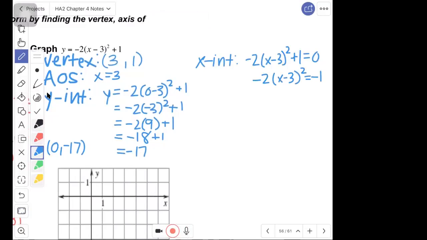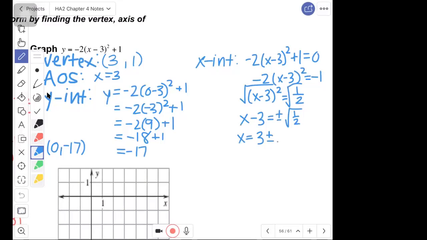And then I divided by negative 2 to get 1/2. Good. And then I took the square root of 1/2. And then I got x minus 3 is plus or minus square root of 1/2. And then added 3 to both sides.